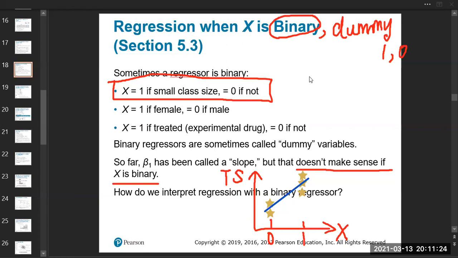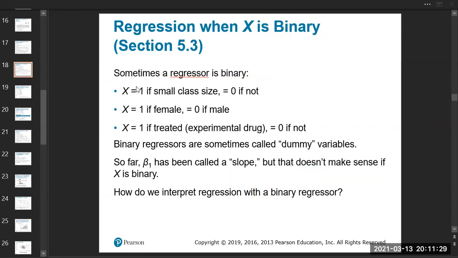So that's how we interpret a regression when X is binary. We're only talking about the X variable, not talking about Y yet. We will talk about Y not in this class, probably in your graduate school or in your other class, in econometrics.